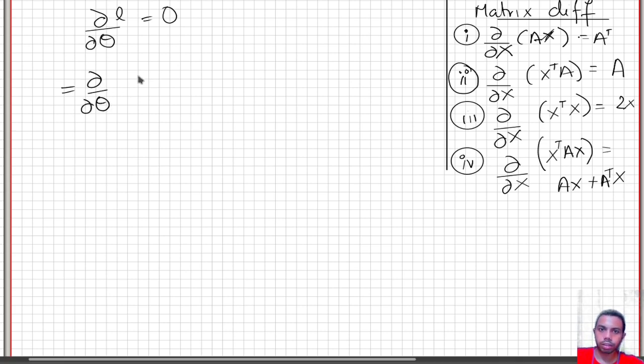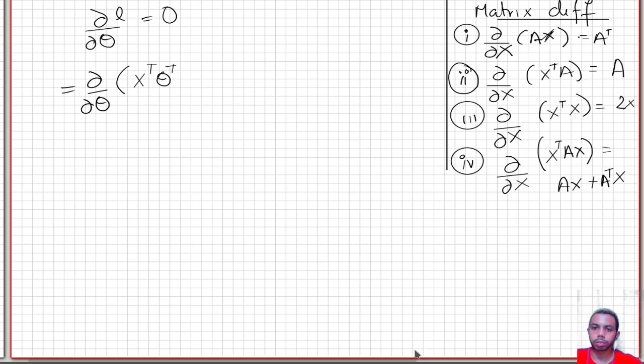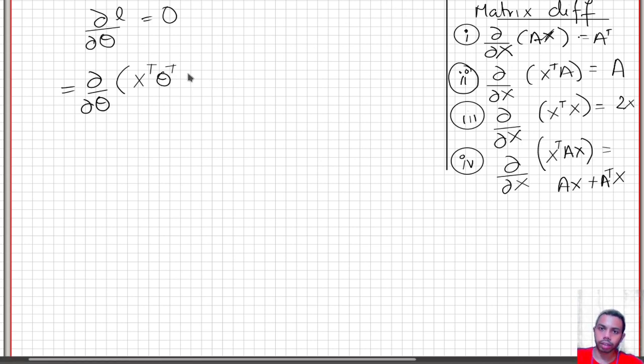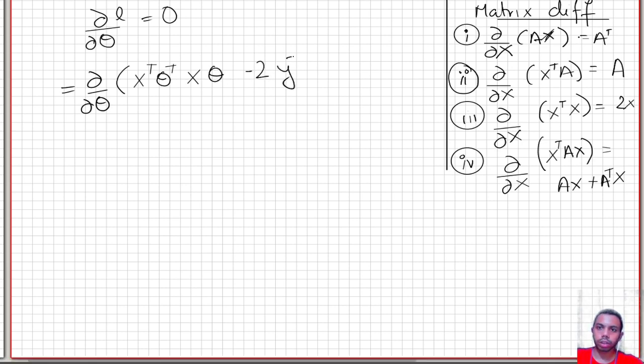Take del theta and go for (x theta) transpose, which should be written as x transpose theta transpose, because I had already shown you that law, and you must be knowing that law anyway. But let's just move on. So x transpose theta transpose x theta, minus 2 y transpose x theta plus y transpose y.